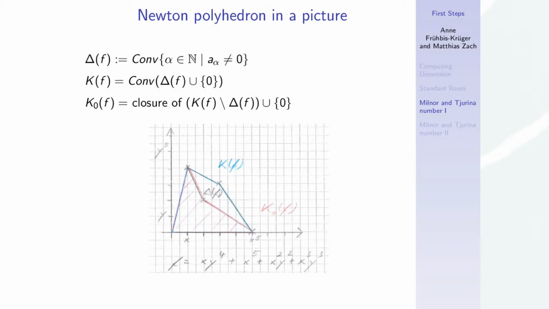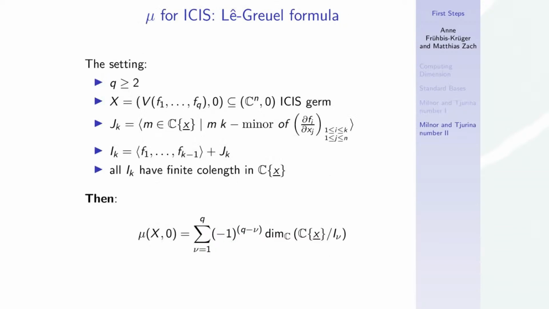But so let's stay on this. I'm now leaving the realm of hypersurfaces and moving on to complete intersection singularities. I assume that in the other talks of the school, you have already seen a lot of stuff on isolated complete intersection singularities, and probably the Lê-Greuel formula popped up for computing the Milnor number of such a singularity.